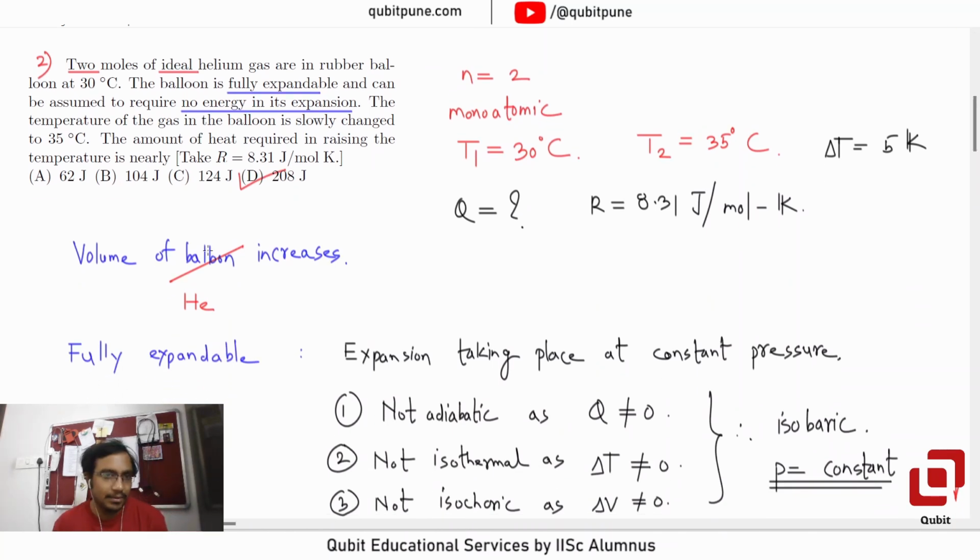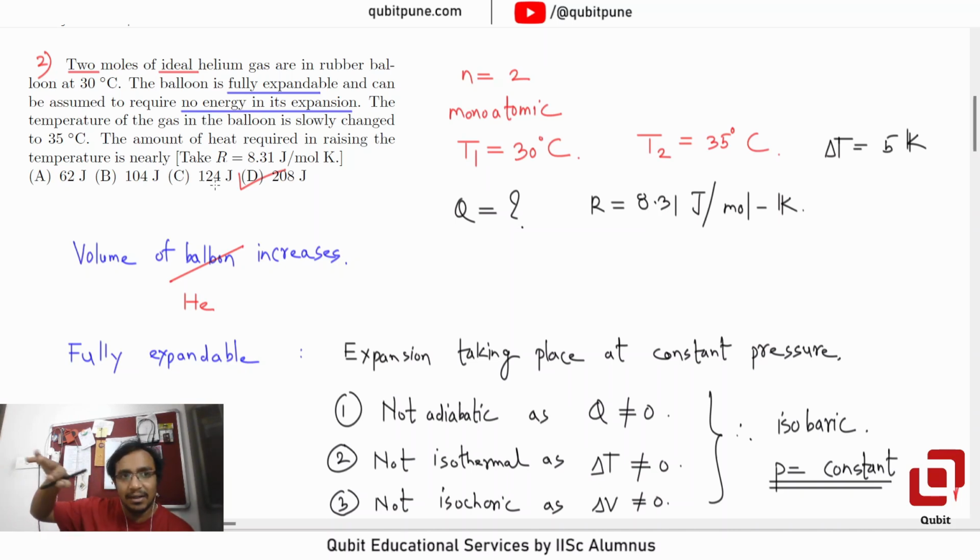Well, what I find is that it's a bit difficult to arrive at the conclusion that the expansion takes place at constant pressure from the statement that the balloon is fully expandable and requires no energy in its expansion. But you can ask yourself what are the processes that we have studied.